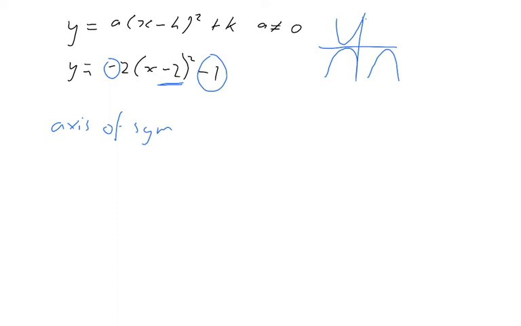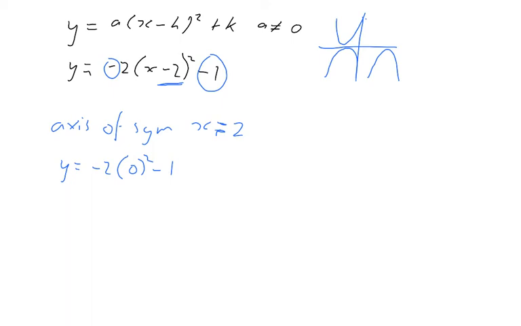is when x equals 2. So when x equals 2, what we're left with is 2 minus 2, which is 0. 0 squared minus 1.